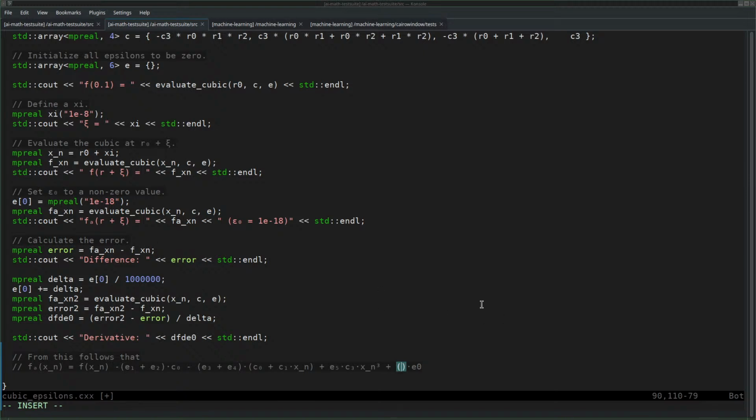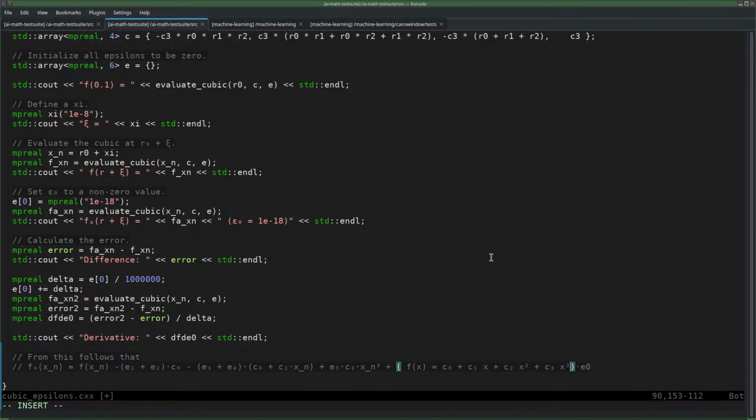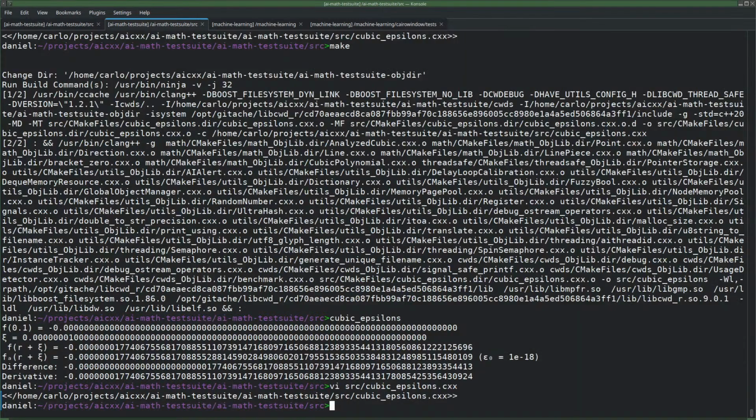Yep. So the f of x is that, so the derivative turned out to be, for a possibly new viewer, basically the same as this, which is the f of xn, all the way up till here. It's unbelievable. Match, match.